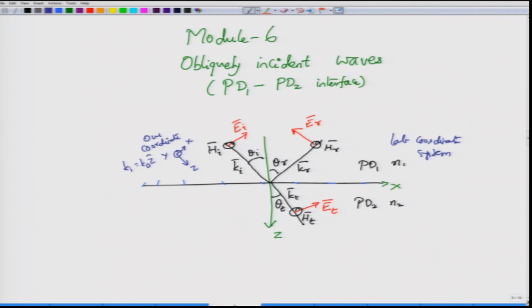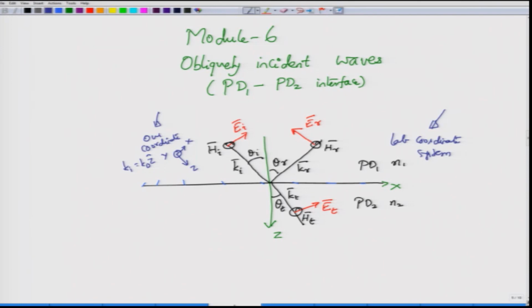So, we are transferring the problem of obliqueness from the coordinates that we have chosen, to make the electric field, magnetic field and the direction of propagation coincident with the x, y, z axis, to the problem in the lab coordinate system. It is a matter of perspective whether we choose the lab coordinate system and let the wave be oblique, or we choose our coordinate system in which the wave is in a properly oriented axis, whereas the obliqueness is now on the interface.